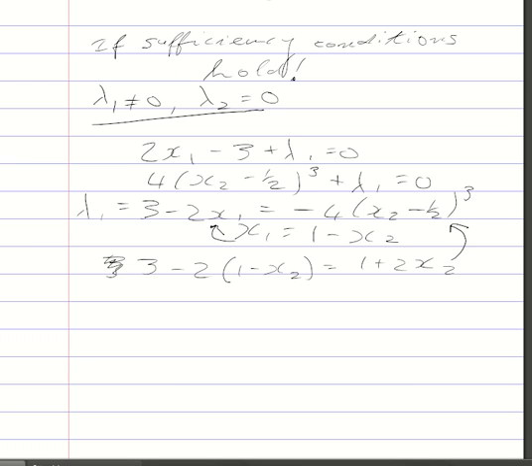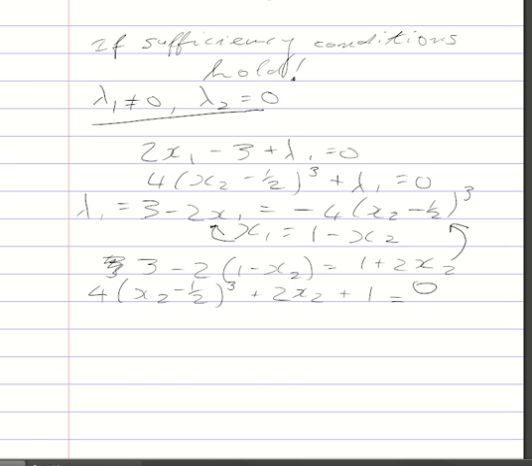So we get a fairly nasty looking equation. If we just bring the one term to the other side, 4x2 minus a half to the third plus 2x2 plus 1 equal to 0.